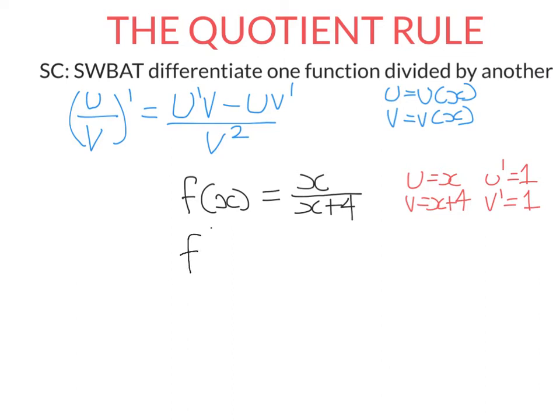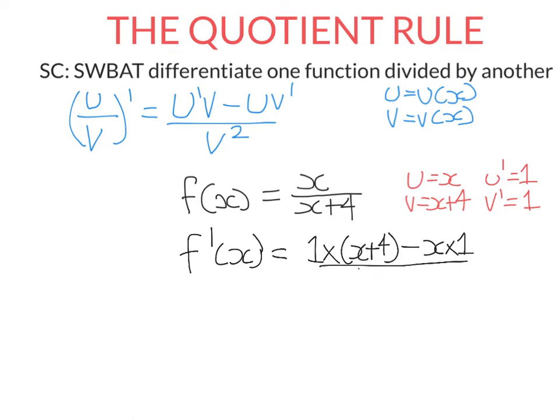So the derivative of this fraction is the derivative of the top times the bottom, so I'm just going to put it in brackets, minus the top times the derivative of the bottom, and then what goes as our new denominator, the bottom squared.